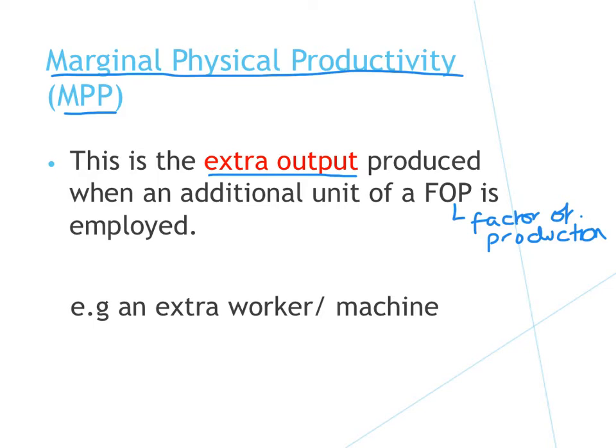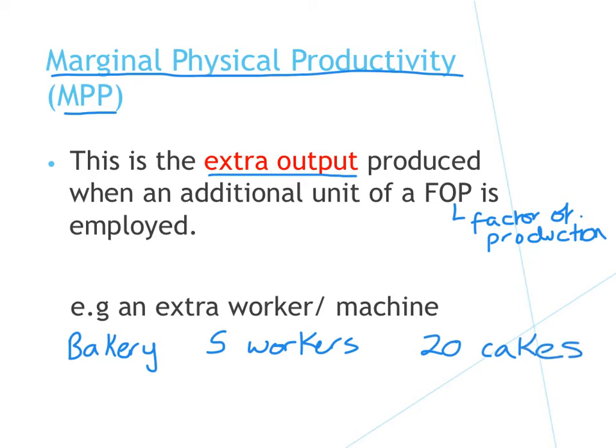So if we take an example of a bakery, and let's say we have 5 workers who can make 20 cakes, but they only have one oven.